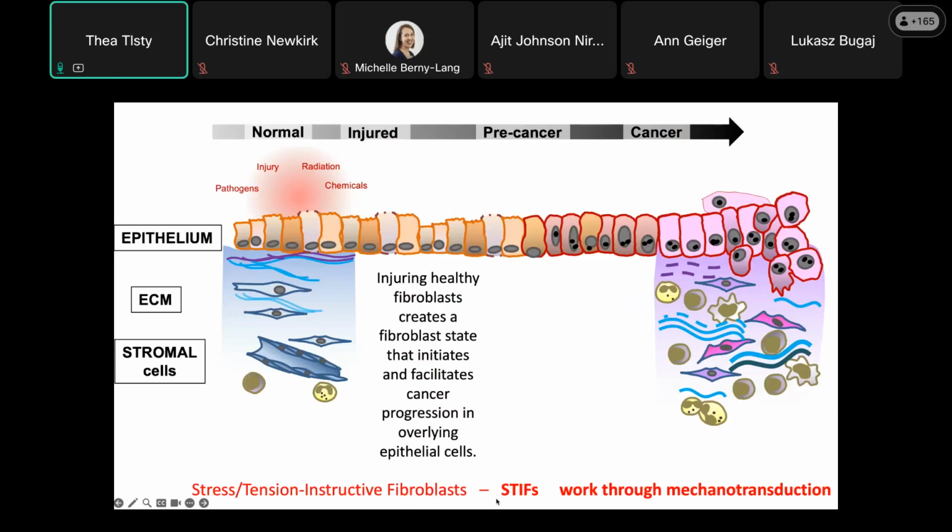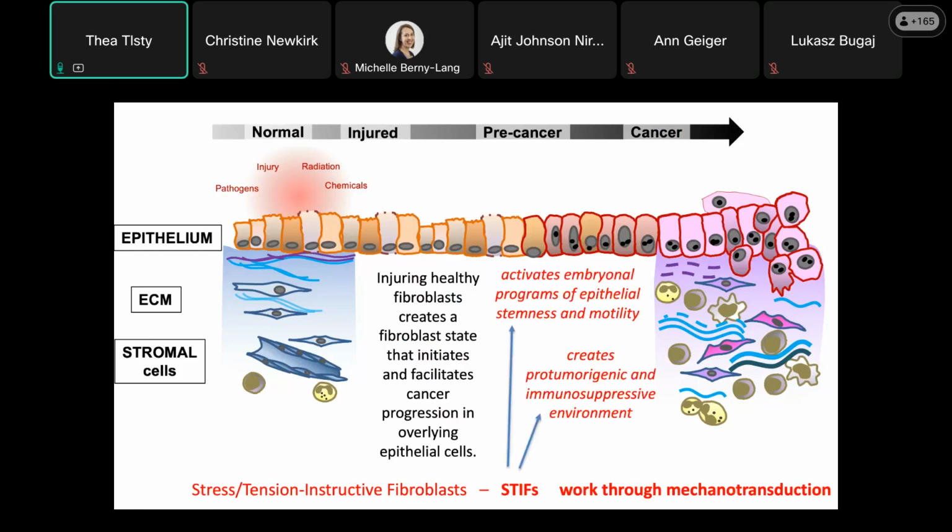So we've called these fibroblasts stiffs. I'm going to show you that it works through mechanotransduction. And what this fibroblast state does is it activates the embryonal programs of epithelial stemness and motility. And it also creates a pro-tumorigenic and immunosuppressive microenvironment right from the very beginning.